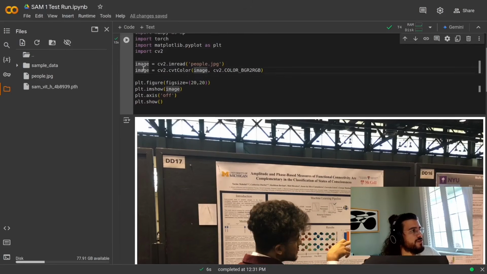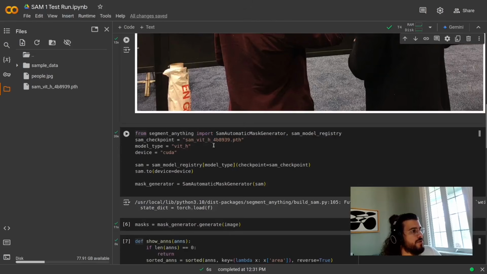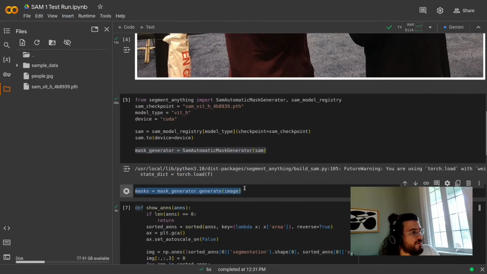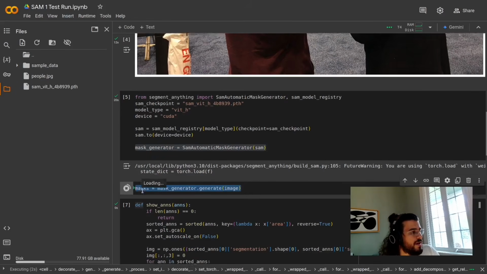We're going to store this into the image variable. Over there, we are going to use the SAM automatic mask generator. And here are the parameters that we need. It's just how this code is set up to load it from the parameters. We put it over there, put this into a GPU, and over here we're creating the mask generator. At the end, we are using the image, and then it can generate a mask.